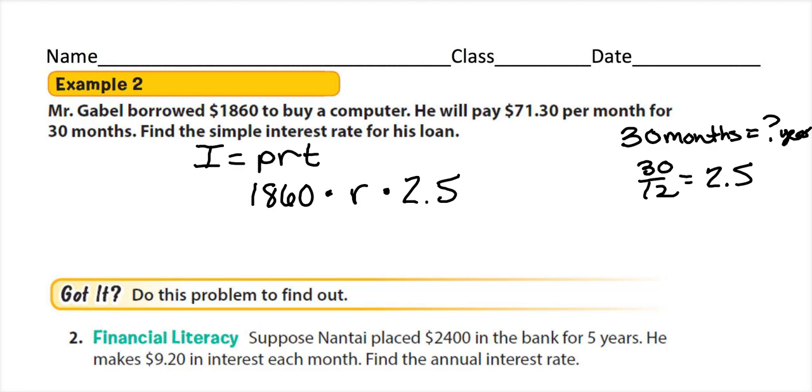All right. Now, it says his monthly payments are going to be $71.30. So we're going to have to figure out how much he's actually paying back here. So we're going to have $71.30 times 30 months straight. So that means altogether he's going to end up paying $2,139.